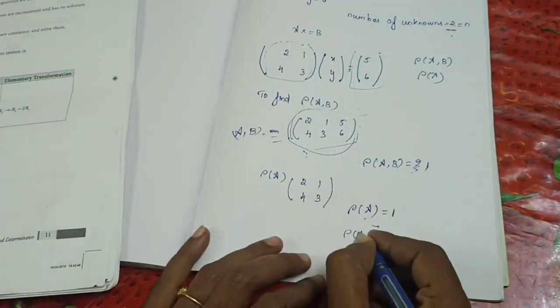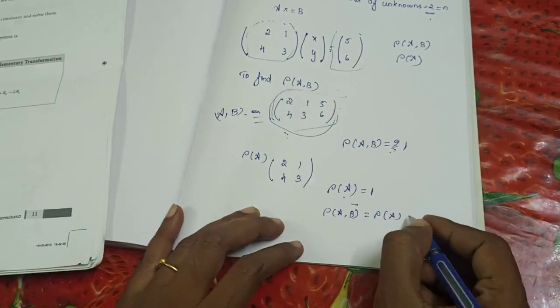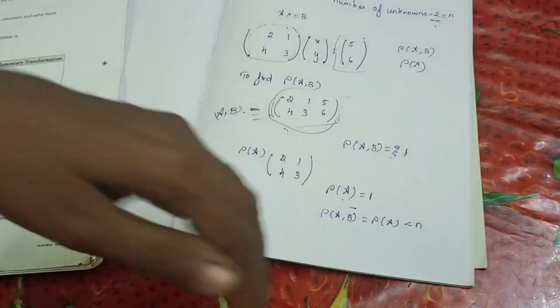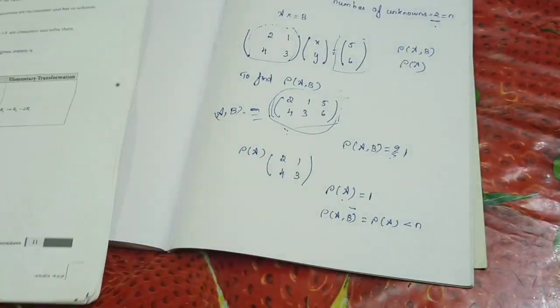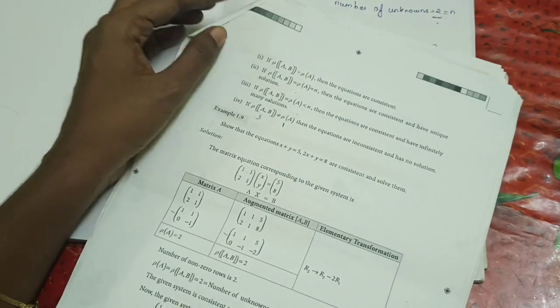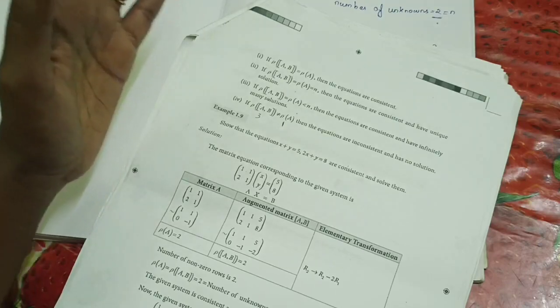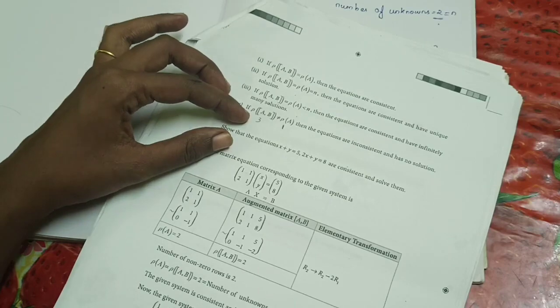But rank of A comma B value is equal to rank of A, but that value is less than n. Equal to n means the previous condition applies. So here, less than n. So what will you say? The equations are consistent and have infinitely many solutions. We can't find a single solution. Infinitely many solutions.